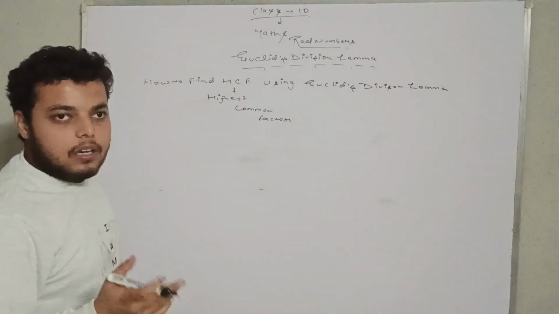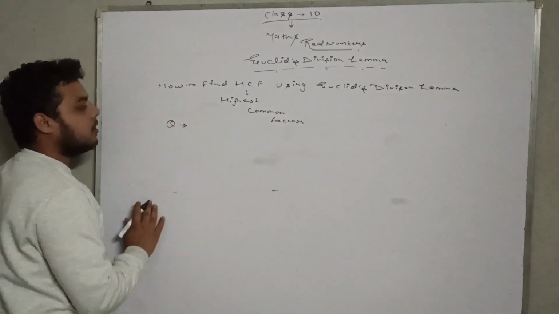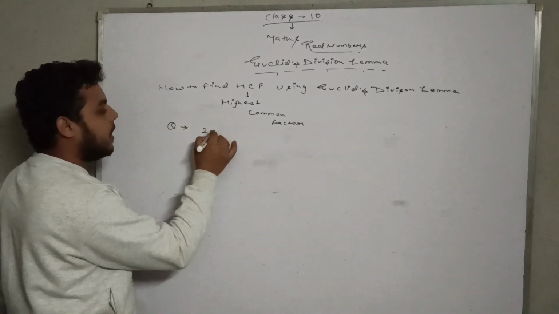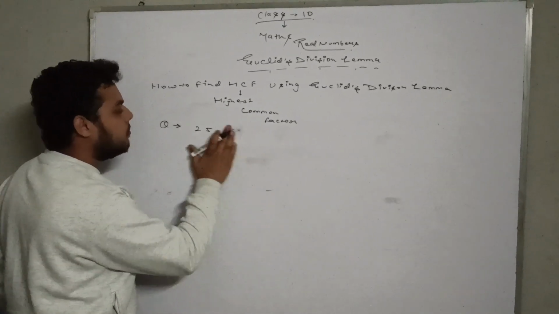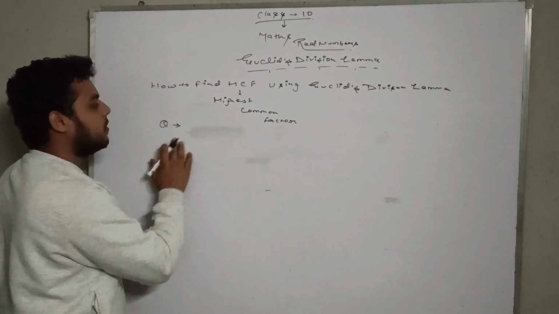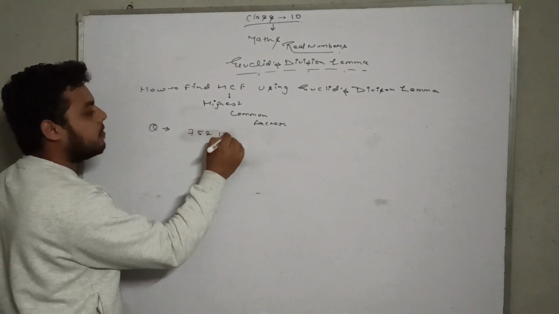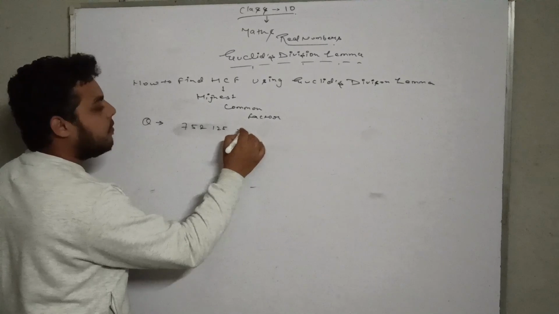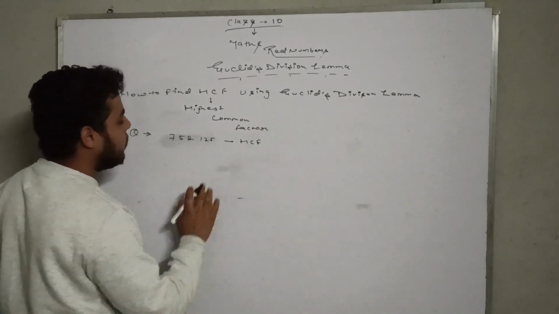Let's learn this with some examples. Let's take two numbers. I take 25 and 50, or let's make it a little tougher. Let's take the numbers 75 and 125, and we have to find the HCF using Euclid's division lemma.